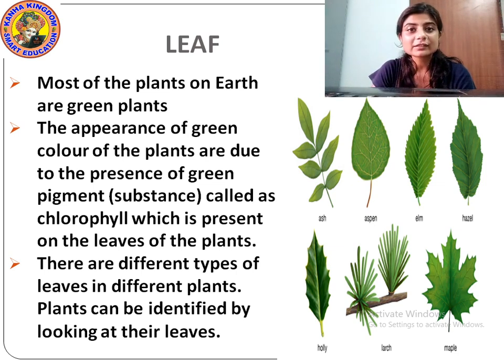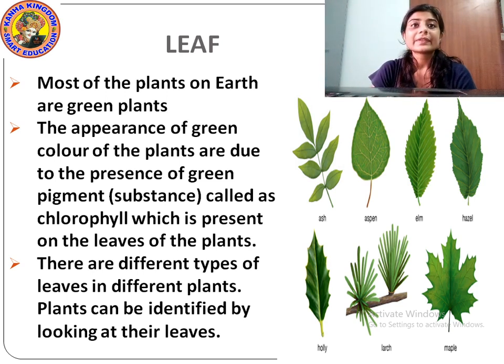Chlorophyll is the green pigment or substance which is present in all the leaves of green plants. Due to the presence of this pigment, the leaf gets its green color.